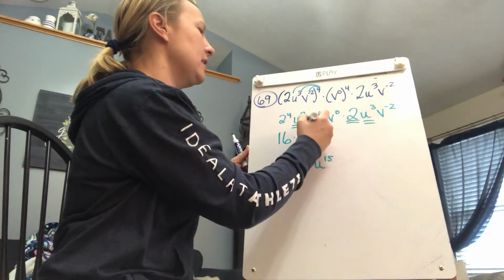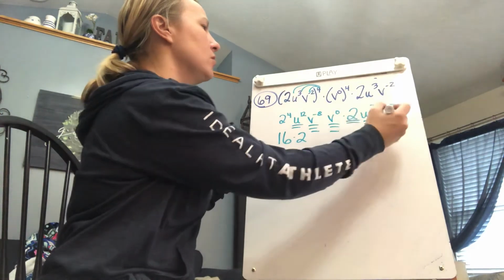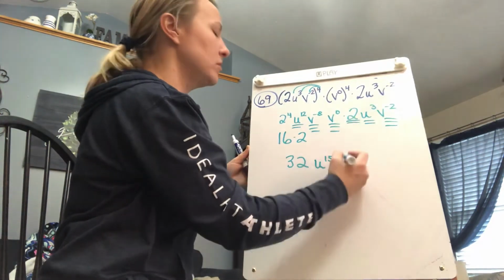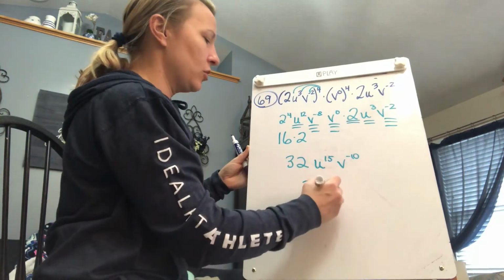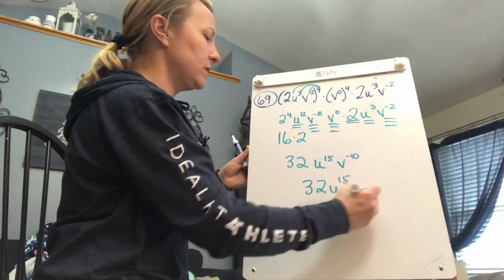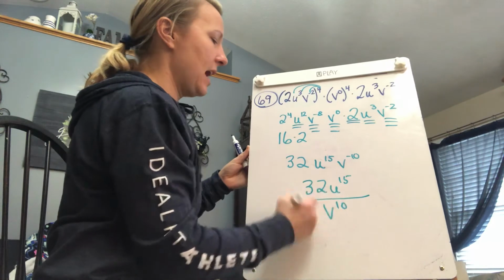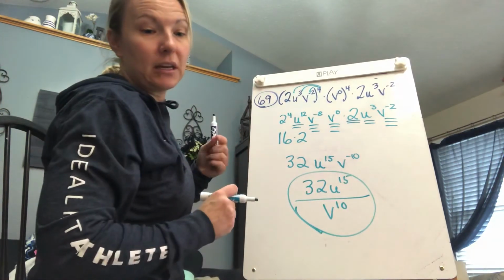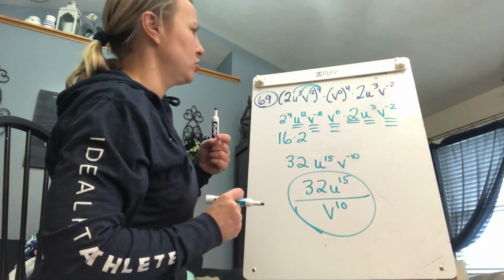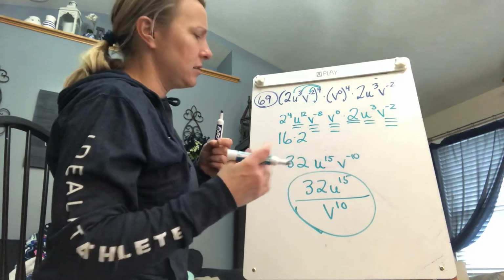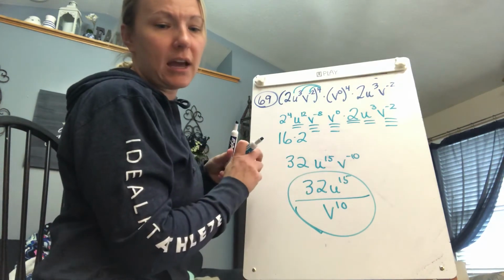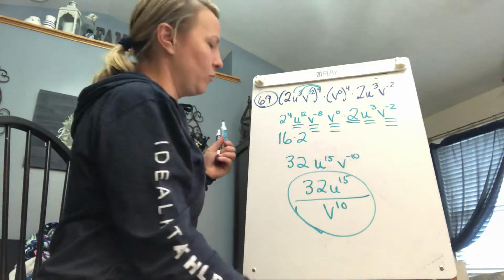And I've got negative 8 plus 0 plus negative 2 gives me v to the negative 10. Negatives go on the bottom, so I get 32u to the 15 over v to the 10. And that should be your answer. Yes, I did this wrong on the answer sheet. I will fix that before I post it.